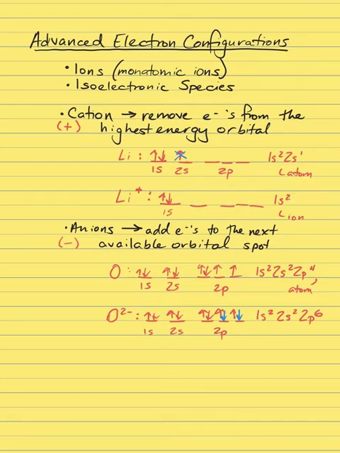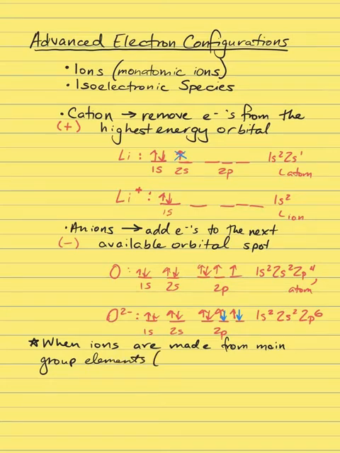What you're going to see over and over again is that when you make ions from main group elements, so these are elements in the s and p blocks as opposed to elements in the transition blocks, the d's or the f's, these are the ones we already learned about.